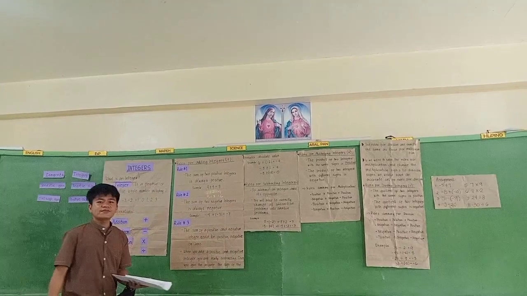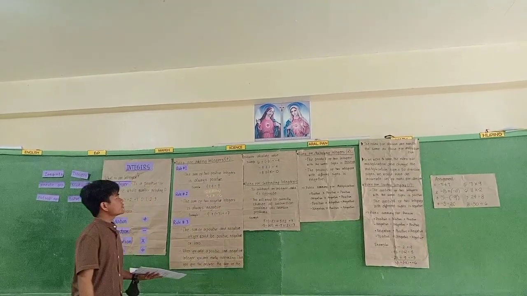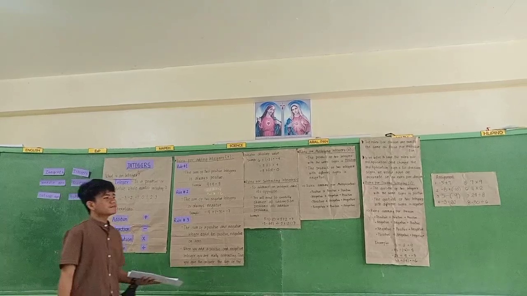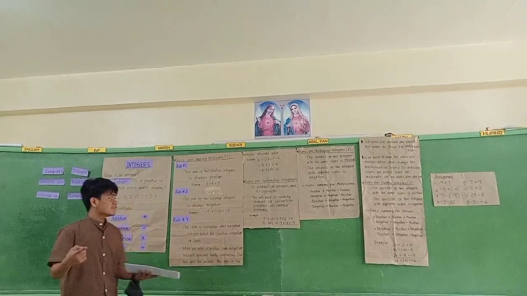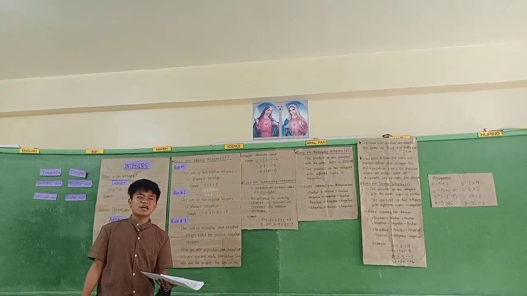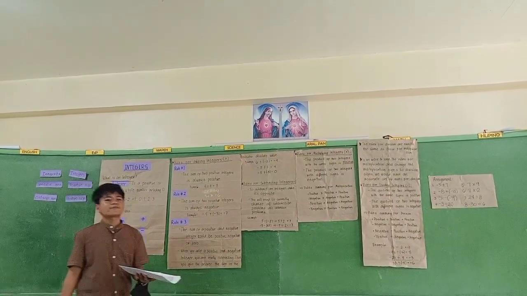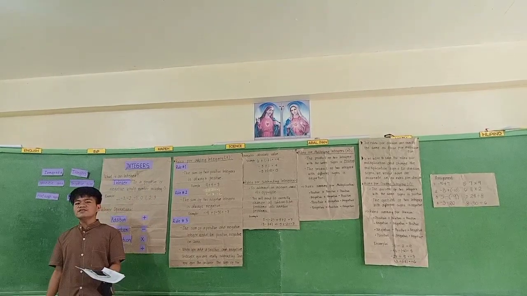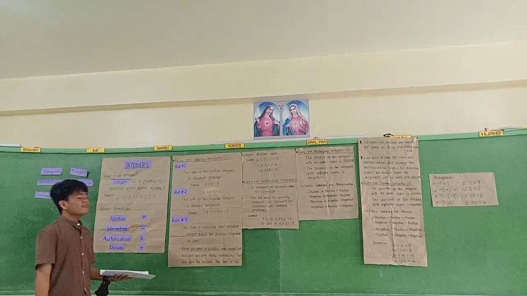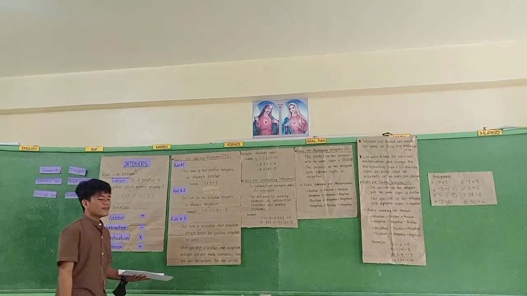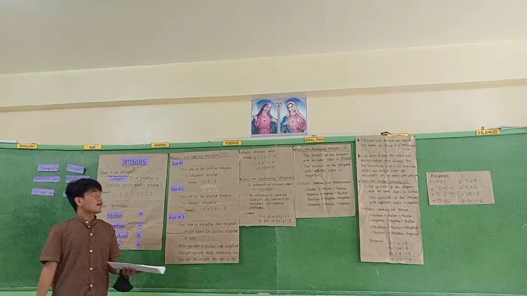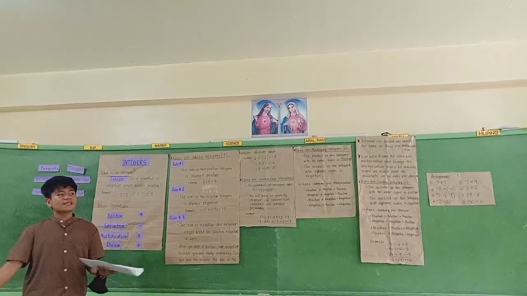So do we all understand rule number 1, which is the sum of two positive integers is always positive? Can someone give me an example of rule number 1? Okay, very good. 8 plus 8 equals 16 applies rule number 1. I think you all got what rule number 1 is.